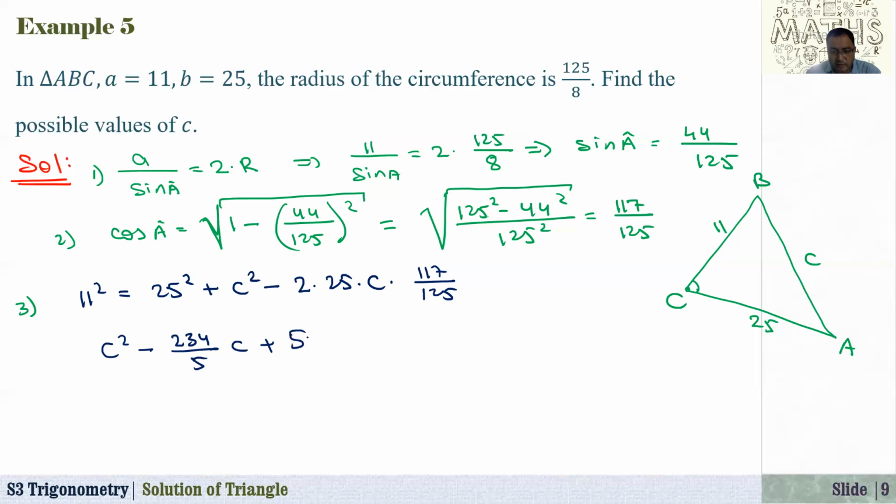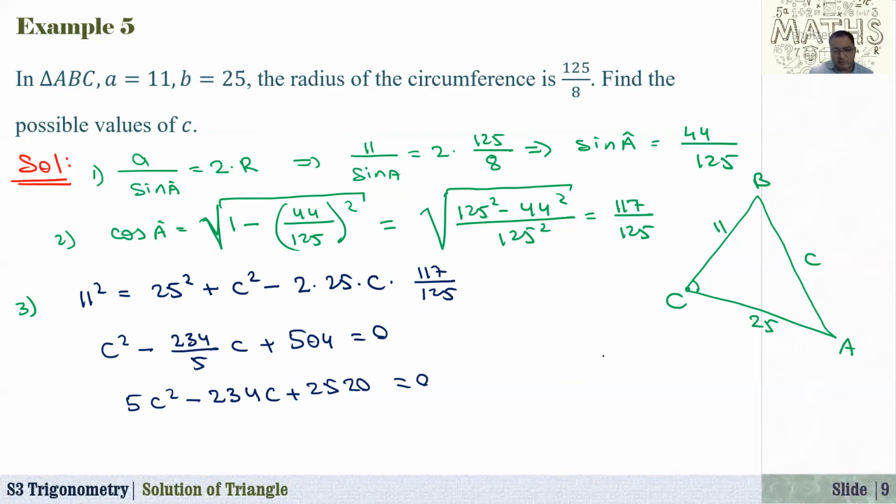That's equal to 0. We have a quadratic equation. If you multiply both sides by 5, we have 5C squared minus 234C plus 5 times 504, that's 2,520, equal to 0.